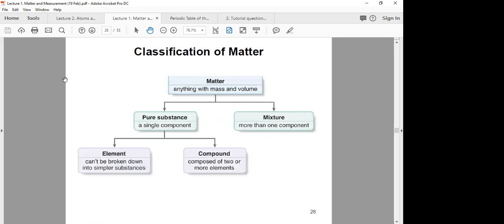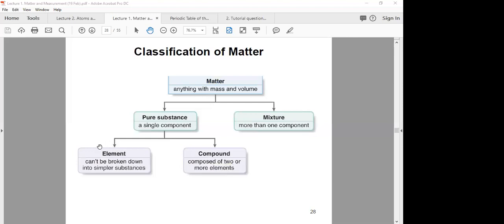Here we go. So you remember last week looking at this slide, and it's simply a way of classifying matter. Matter can be classified as either pure substances or mixtures, and pure substances can be further subclassified into elements or compounds.